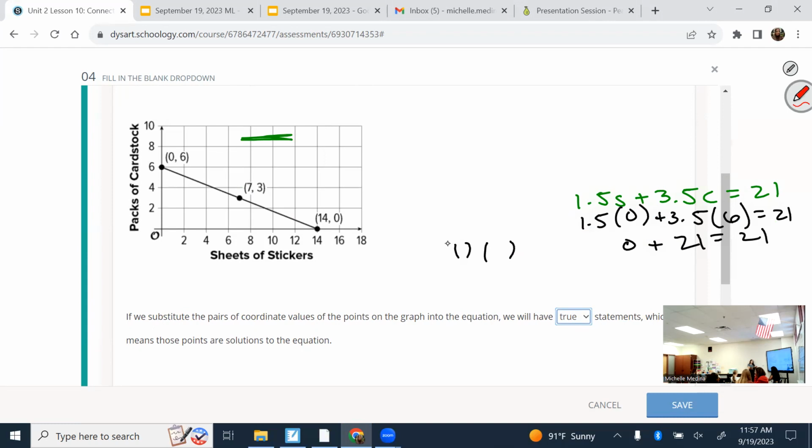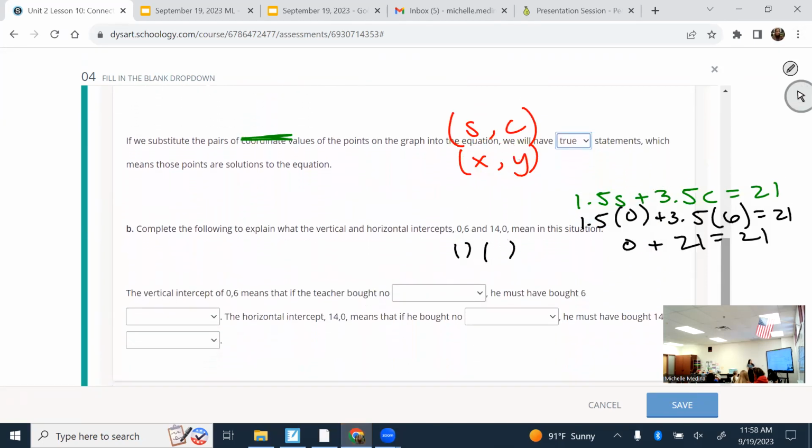Stickers. So it's going in the order stickers, because it normally goes X, Y, but they're not using X. Those stickers, comma, what? Cardstock, because the C is on the Y-axis. So that's going second. If I'm going back and reading this, they bought 0 stickers. That's what was listed first. He must have bought 6 cardstock, because that's what was listed second.